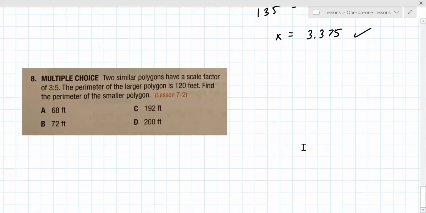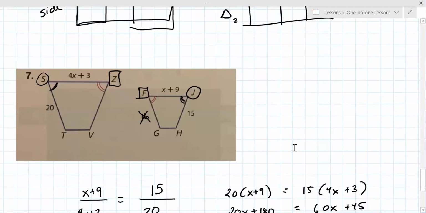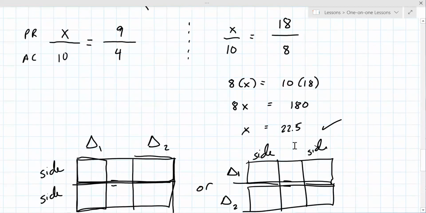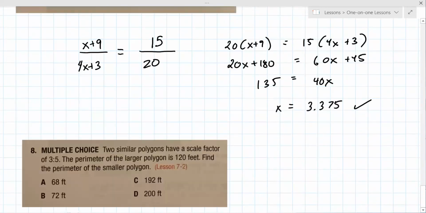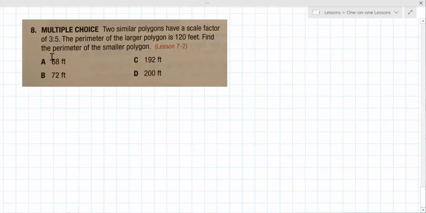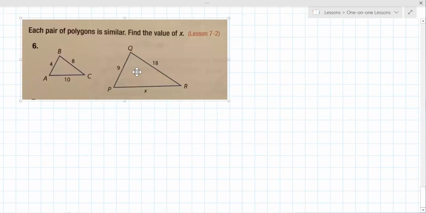Wait, so for number 6, you know how you said there was an option to set it up differently? Why don't we set it up again? I'm just going to copy the picture down. So could you do x over 9 equals 10 over 4? Yes. I'm going to put x up here, and I want this to be from the same triangle.